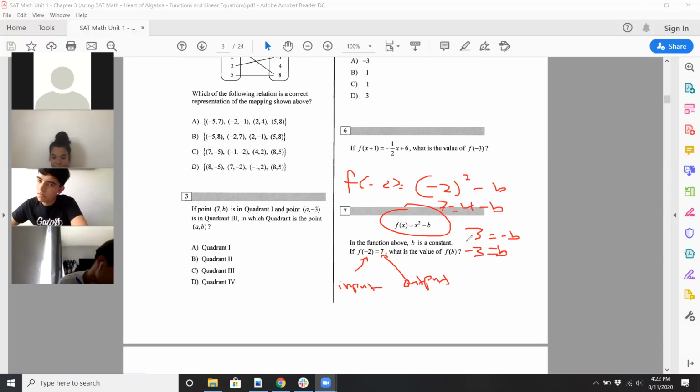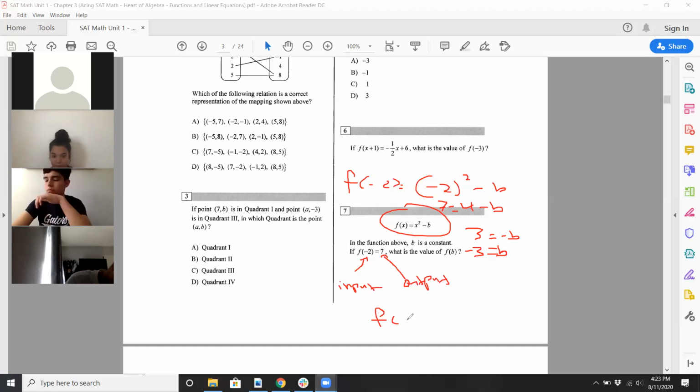But we're not out of the woods yet. They're not asking for what b equals. And by the way, if this was one of the free response questions on the SAT, the answers are never negative. They're always going to be 0 or positive numbers. So if you think the answer is -3, you should do a double take because that can't happen. But they are asking for f of -3.